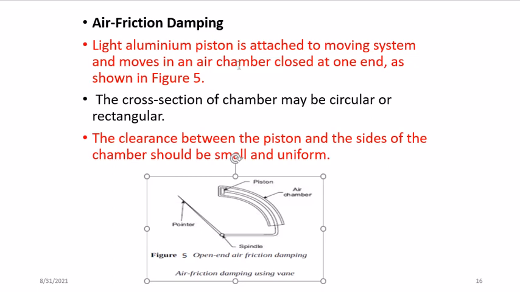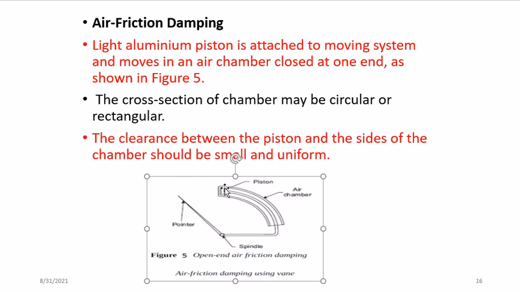And we assume that this aluminium is attached to our moving system. When it is moving, the air inside the chamber, inside the piston, will be closed at one end while it is open at the other end. And you know, even if you are moving with a car or anything, there is what we call air friction. So the movement of this arm that is going into the aluminium piston and coming out will experience opposition because the other end of the piston is closed.